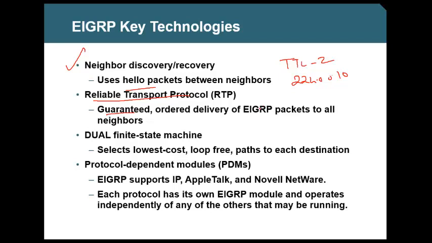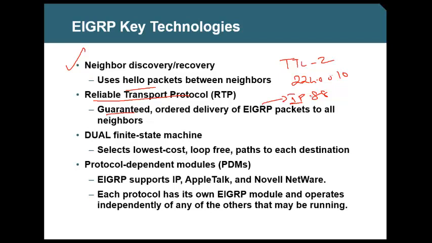So EIGRP uses IP 88. That's the protocol number reserved for EIGRP. EIGRP works in layer 3. That's why IP. Where does IP work? Layer 3, network layer. EIGRP works in layer 3.